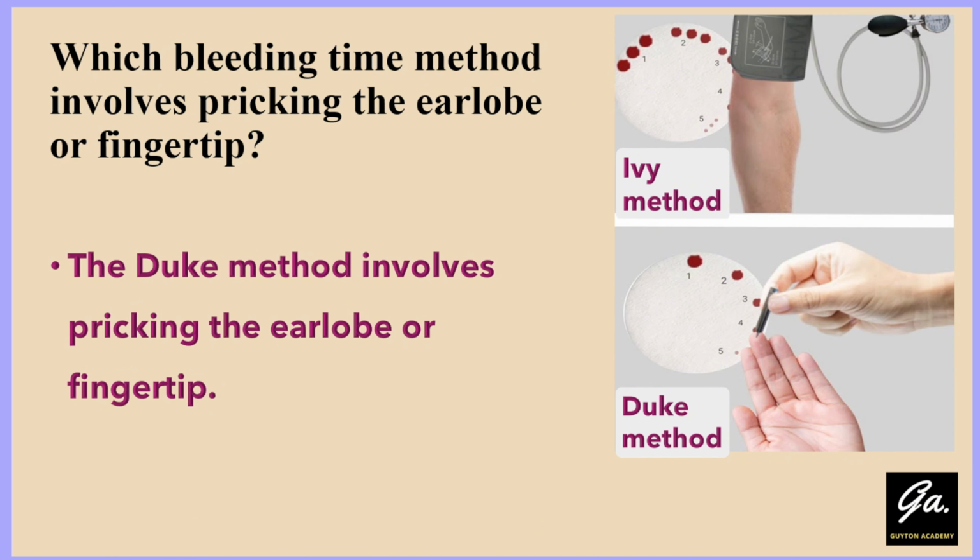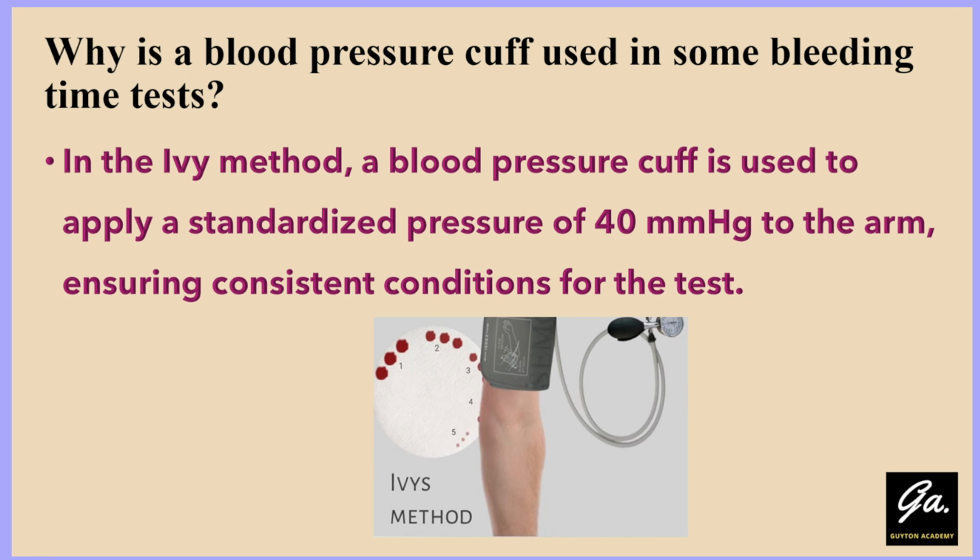Which bleeding time method involves pricking the earlobe or the finger? The Duke method involves pricking the earlobe or the fingertip. Why is a blood pressure cuff used in some bleeding time tests?